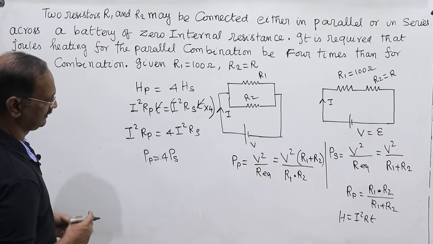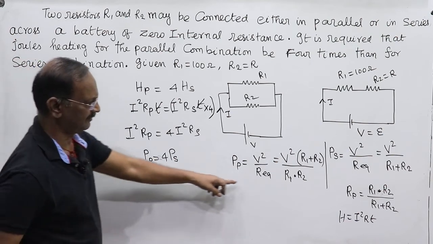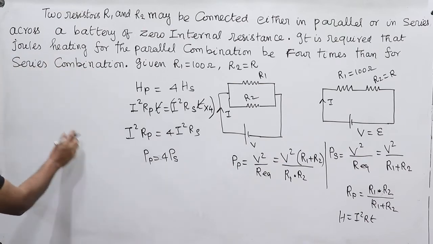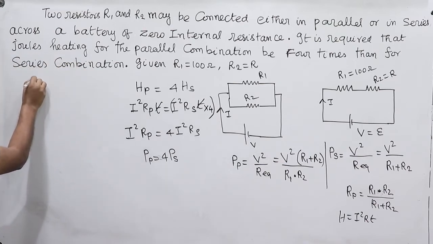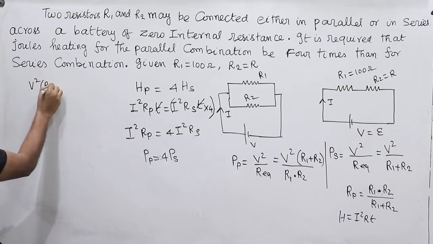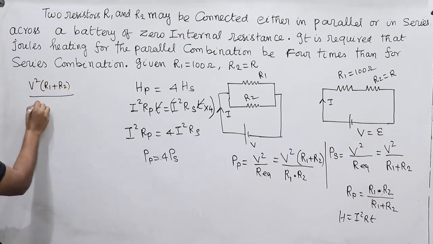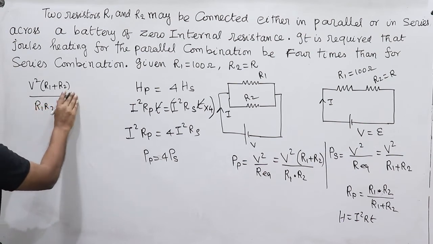What is the power in series? So the power in parallel is equal to V square into R1 plus R2 divided by R1 R2.